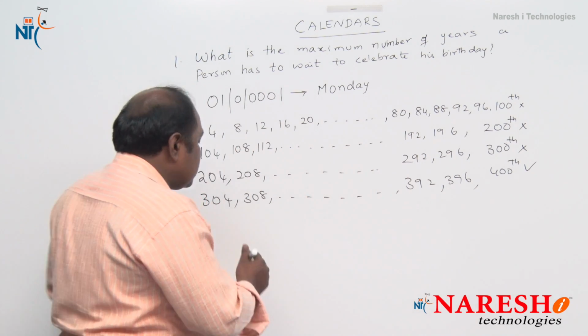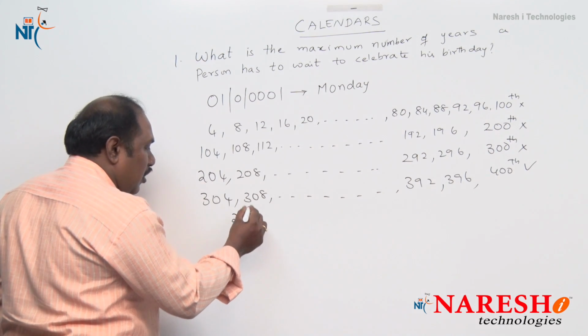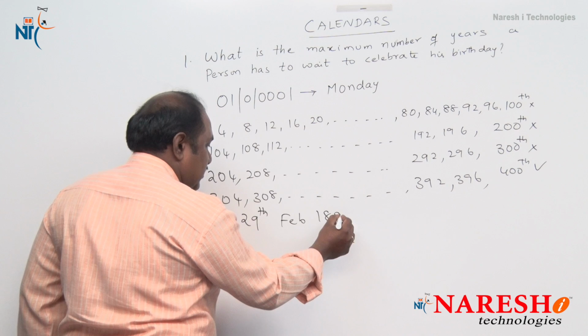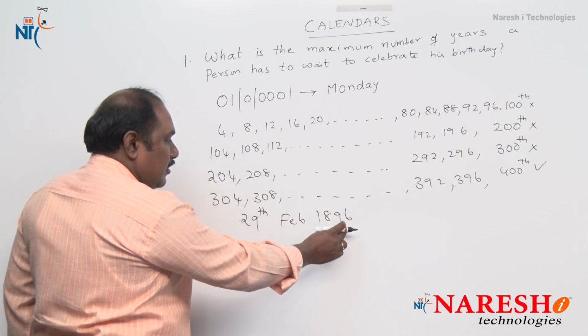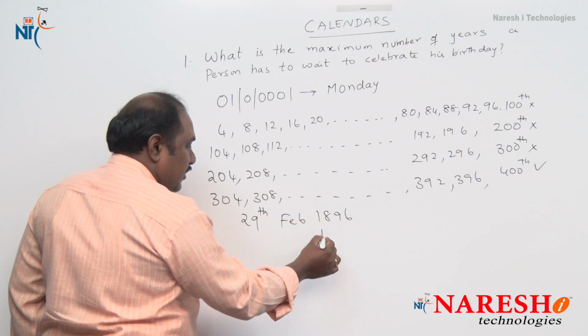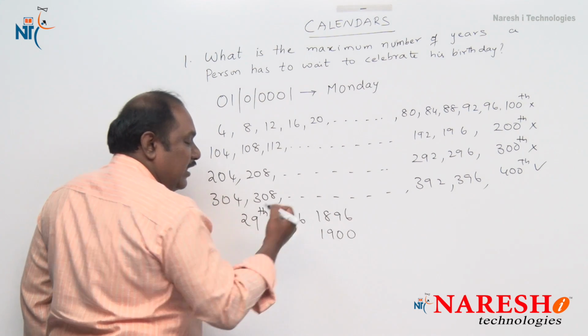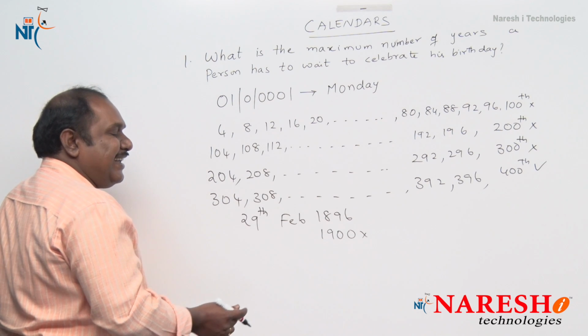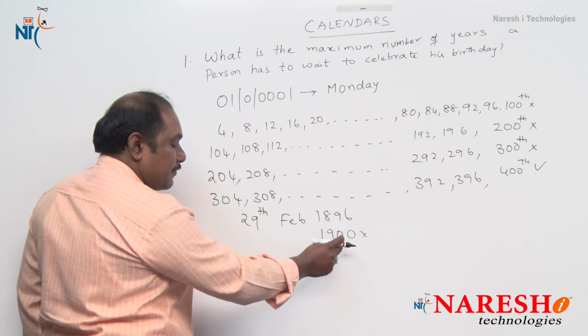So if a person celebrated his birthday on 29th February 1896, which is a leap year, actually he should celebrate his birthday after 4 years, that is in the year 1900. But according to the concept of calendars, the year 1900 is not a leap year.